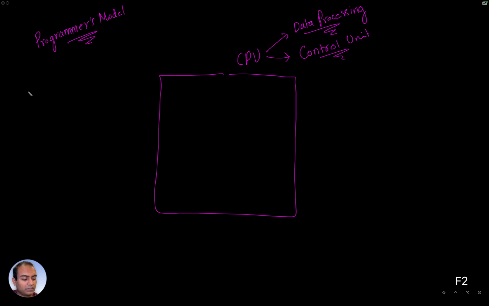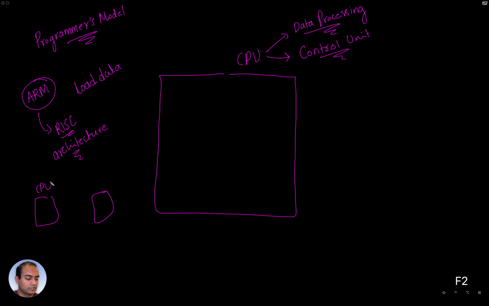Now, there is something special about the ARM classes of CPUs. These are based on something called the RISC architecture. It's called the reduced instruction set computer architecture. But the idea here is that you always load the data from, okay, let me just draw here.